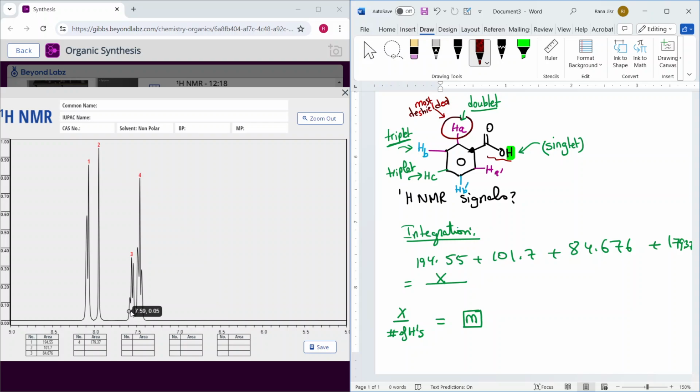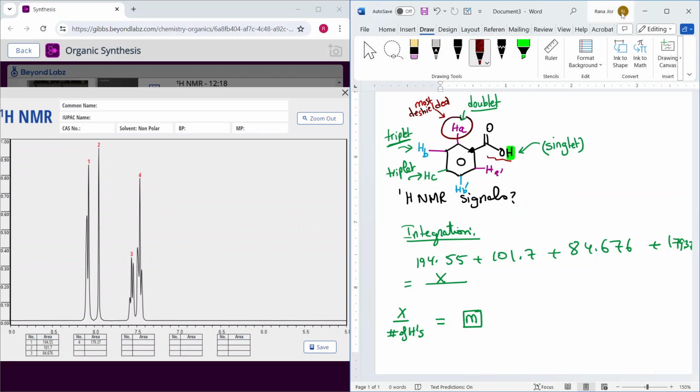And then the most shielded is the one all the way upfield. It's the 4 in there, which corresponds to this hydrogen over here, which is HB. And this one is a triplet as well. So the data in here matches our spectrum, and this is what you need to look for.